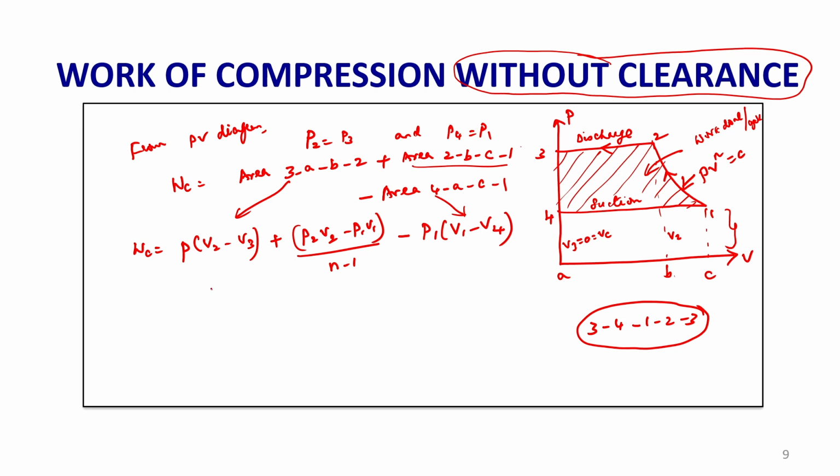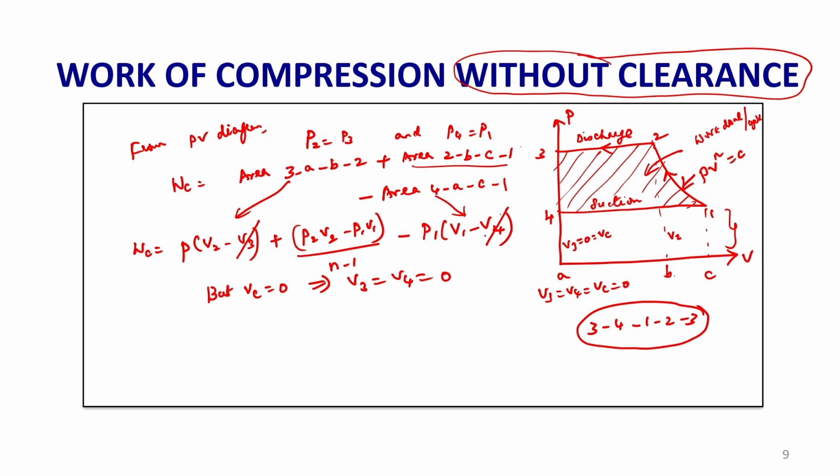Now, because clearance volume is equal to 0, the volume at 3 and volume at 4 are also 0, because the x axis is volume. So, V3 is equal to V4 is equal to Vc is equal to 0. So, these two terms will get cancelled.